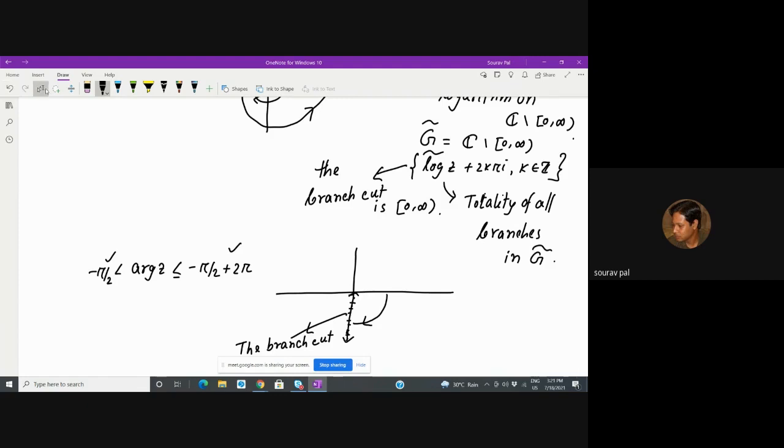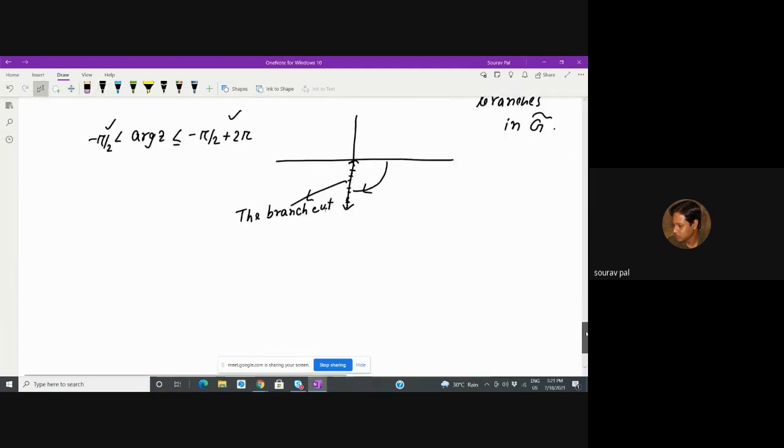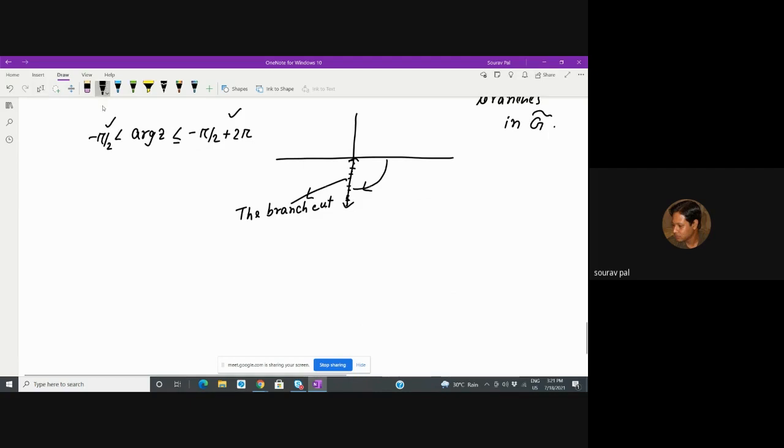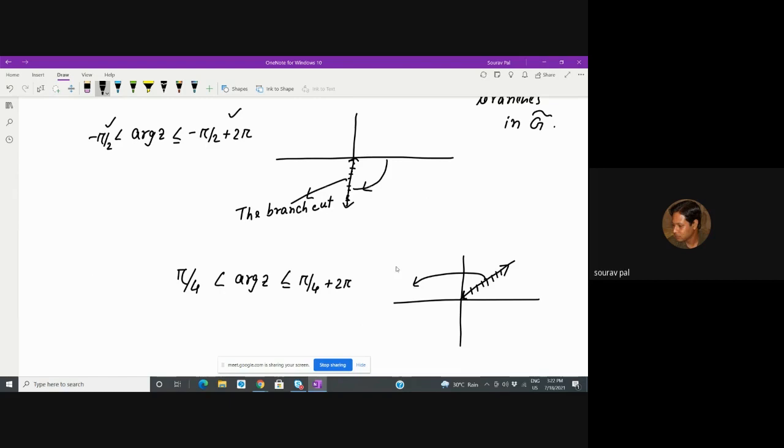So if you choose any other interval, you have one half line to be removed. For example, if you choose pi by 4, then you are removing, pi by 4 is this line. You are removing this half line, this is your branch cut then.